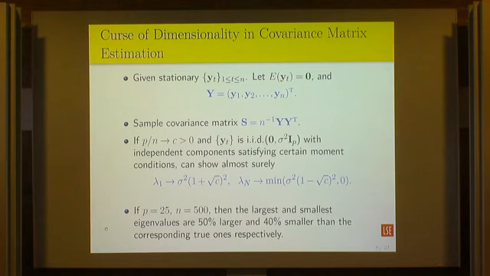I'll give an example. If p is 25 and n is 500, then the largest and smallest eigenvalues are actually 50% larger and 40% smaller respectively. So even when p is 25 and n is 500, the extreme eigenvalues are still hugely affected, hugely biased, basically.